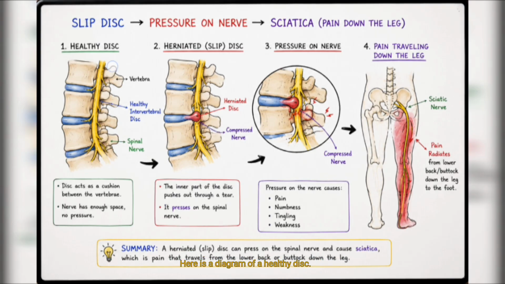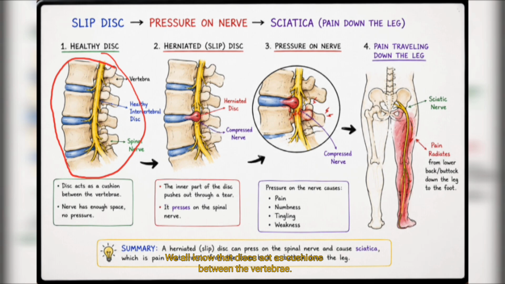There is a diagram of a healthy disc. We all know that a disc acts as a cushion between the vertebrae. The nerve has enough space and there is no pressure.